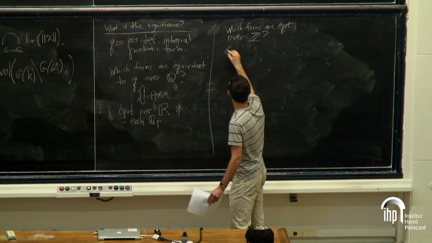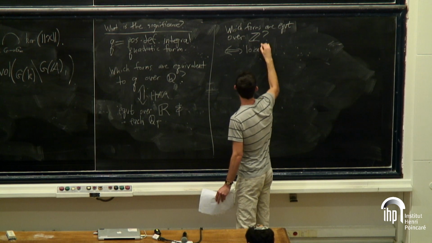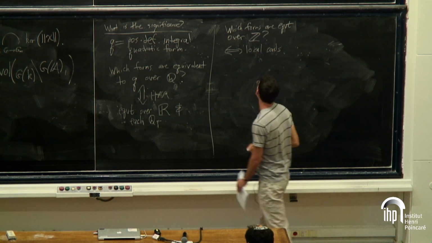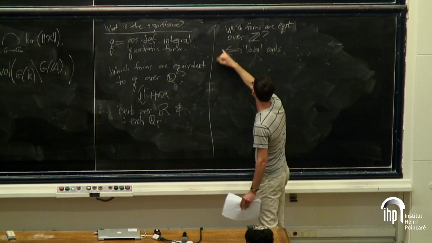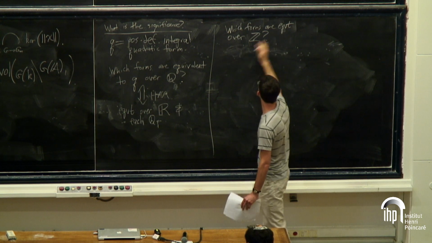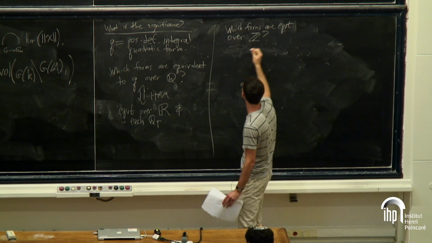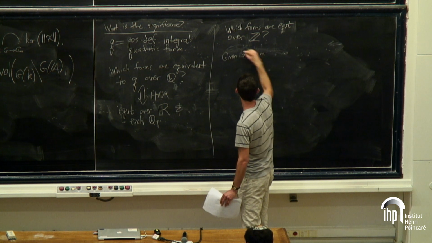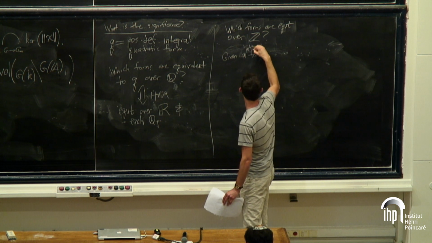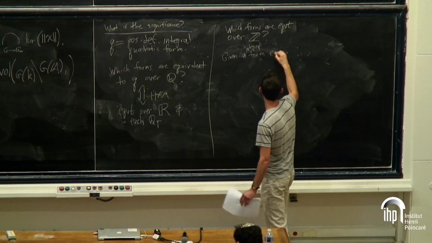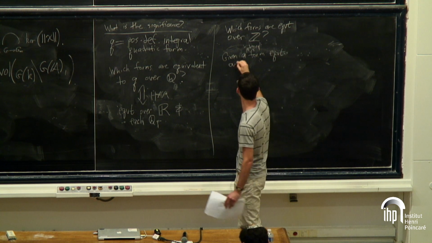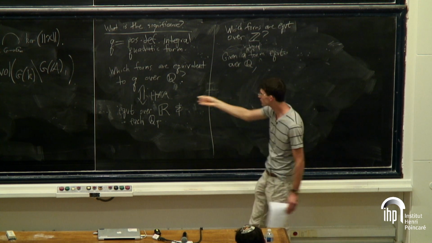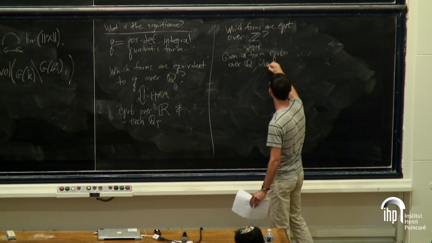So basically it's equivalent to some local conditions. What you're really asking here is, given an integral form equivalent over Q, because that we know how to answer, when is it equivalent over the integers?